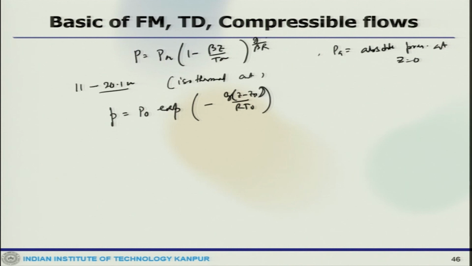So that is what one can use. P naught, T naught, Z naught are the pressure, temperature and altitude of the lower edge of the atmosphere, and then at the higher edge one can find out. So you can form a table like that.